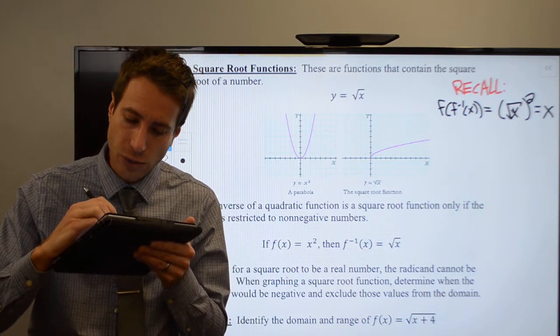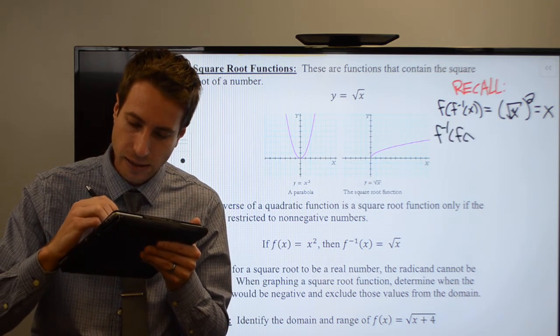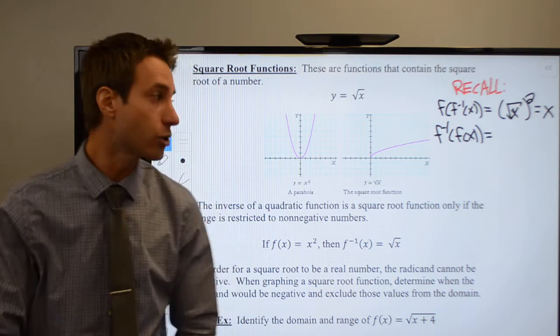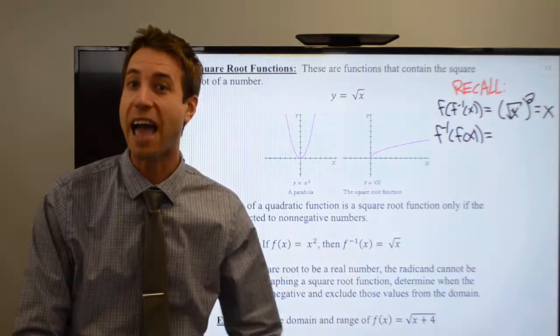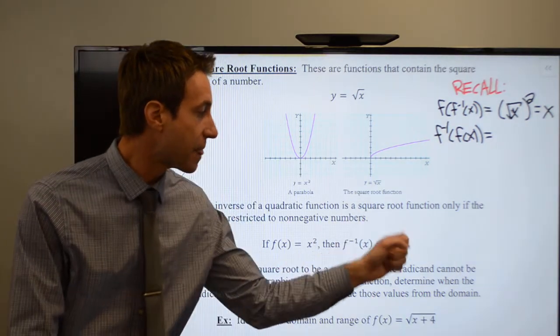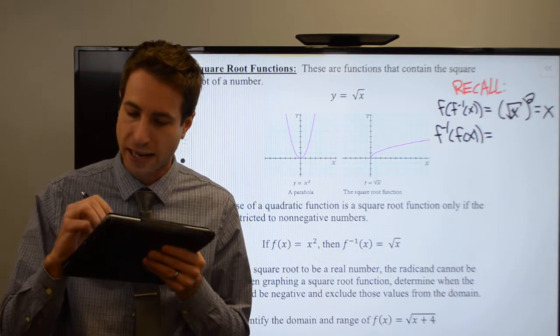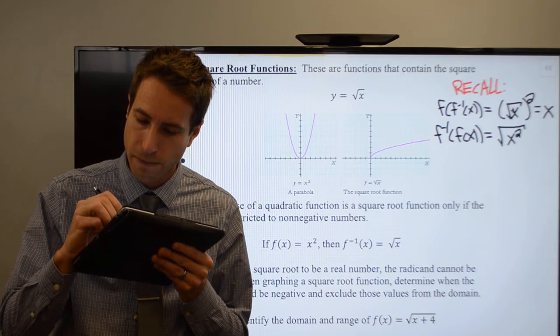But that's not all. I would also need f inverse of f of x to also come out to be an x, where I plug f of x into f inverse. Well, that means that I'm going to plug x squared into the square root of x, which means I would have the square root of x squared.